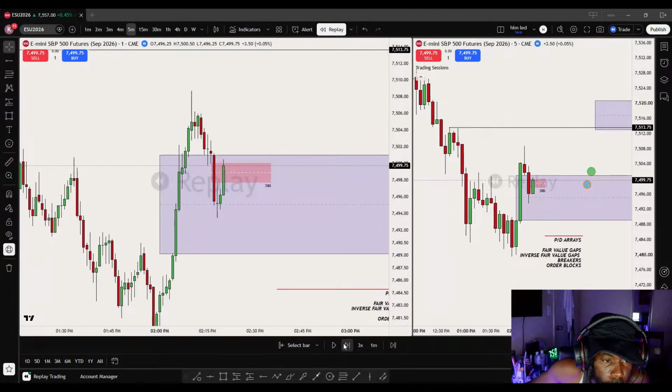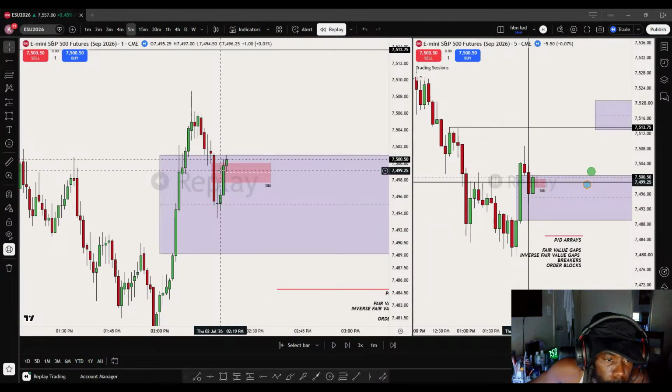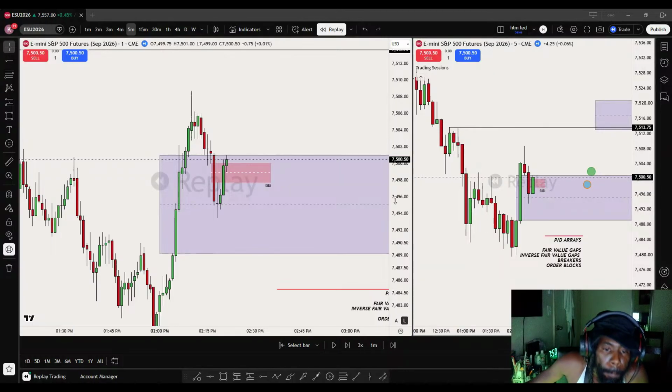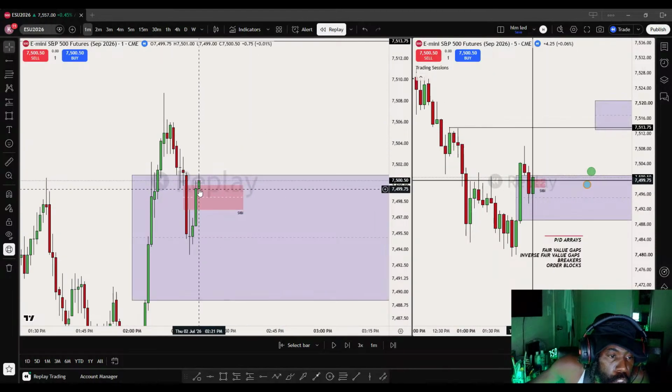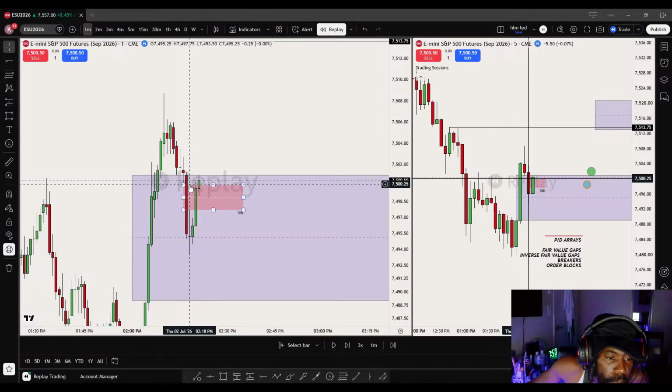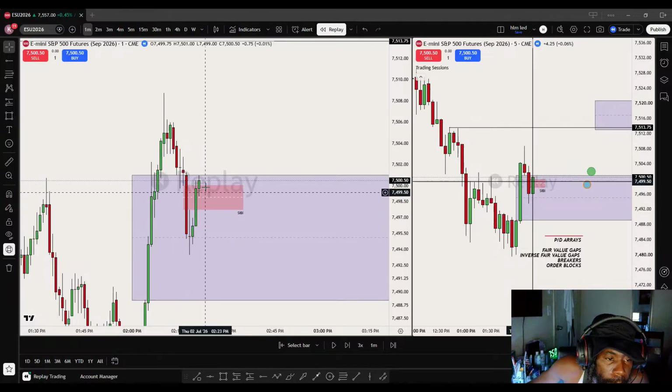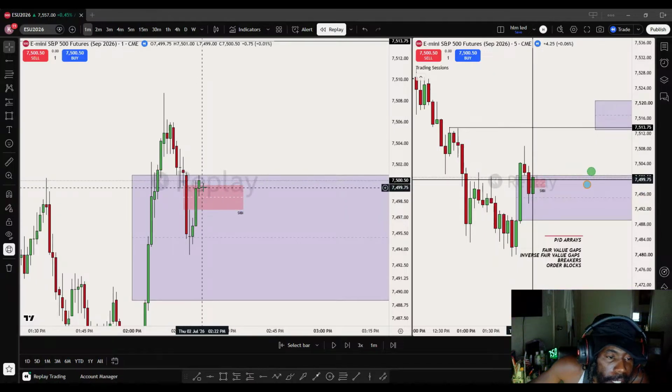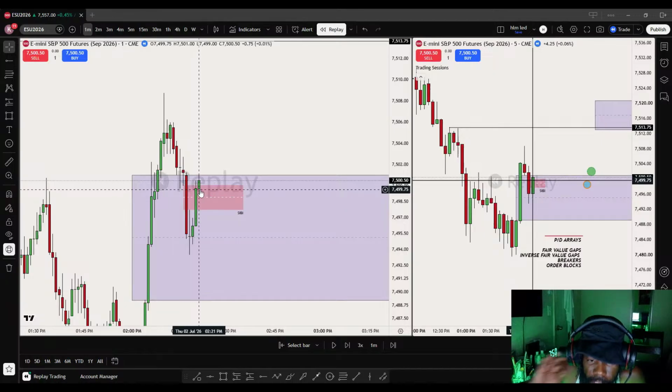As soon as we get a candle that closes above this bearish fair value gap, it is now considered an inverse fair value gap. So when y'all hear the word inverse, what comes to your mind?